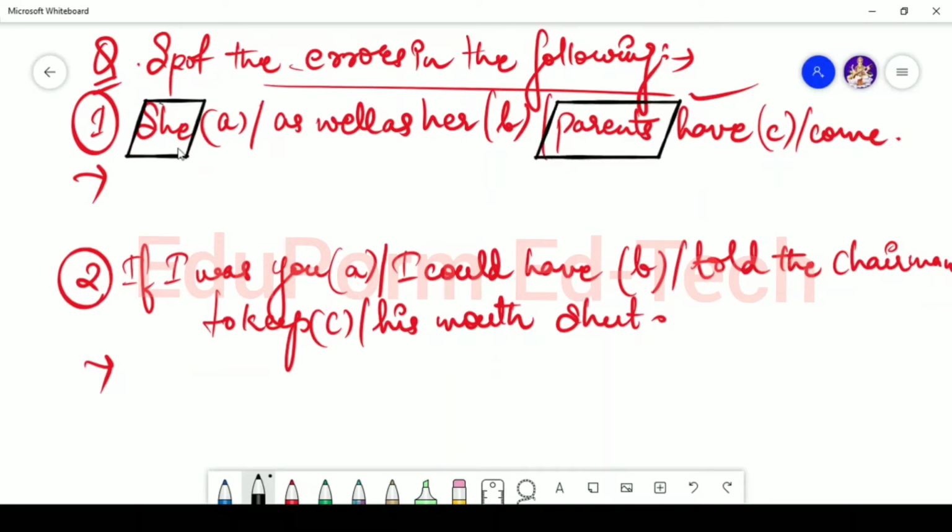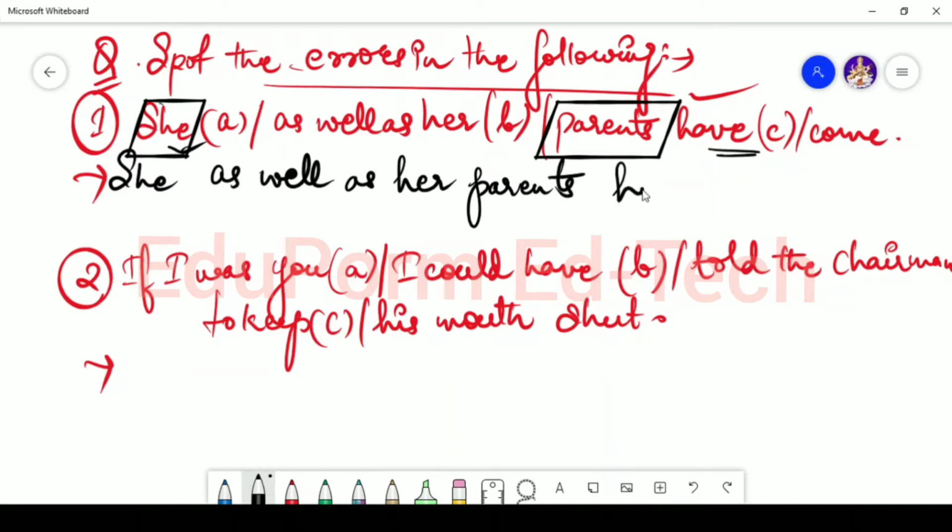The nearer subject is she. So the form of the verb used will be according to she. So it will be "she as well as her parents has come." Okay, let's see the next question.